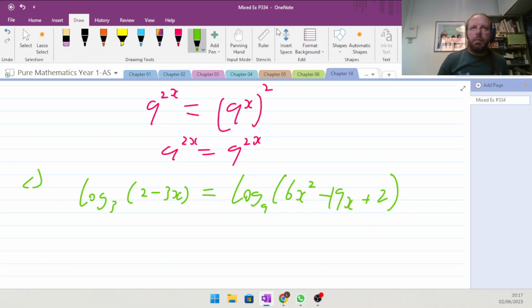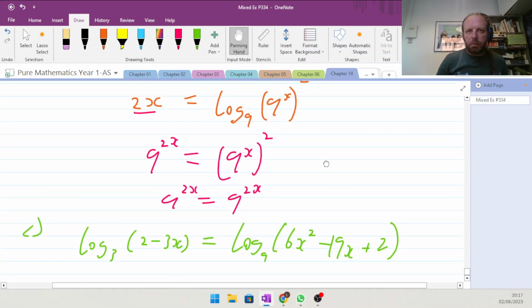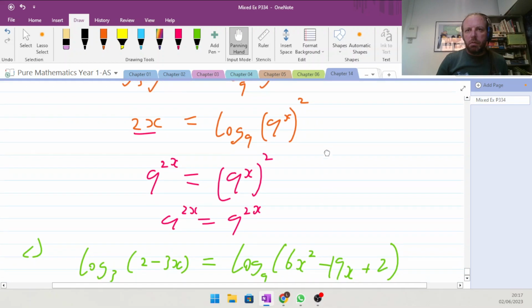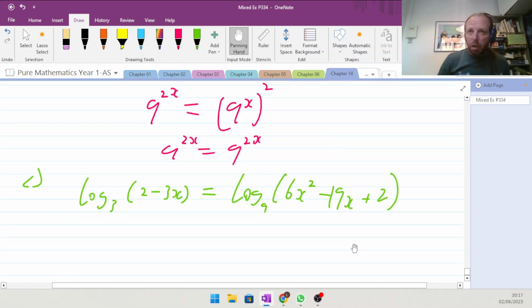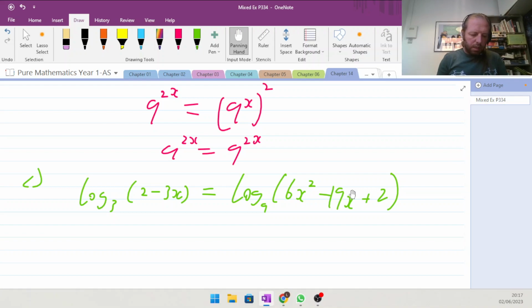Tricky. What are the factors of that quadratic, I wonder? So let's have a little look at what that is, using the polynomial solver just to pull them up. 6, minus 19 and 2.